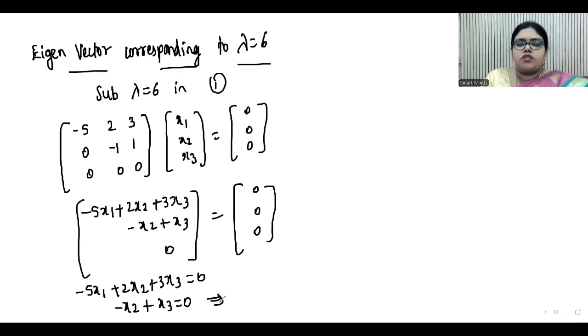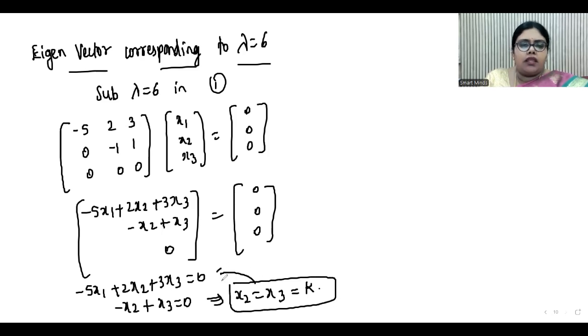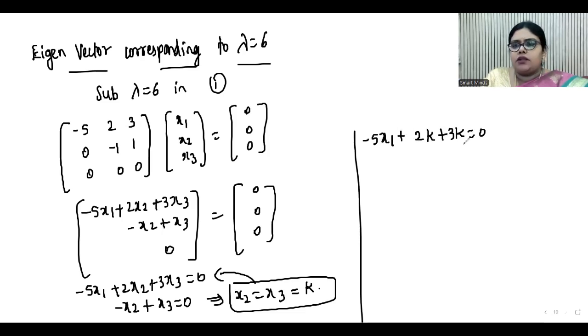From the last equation, you will get x2 is equal to x3. Let us say x2 and x3 are equal to some k. Now we'll substitute this value k in the above equation. So minus 5x1 plus 2k plus 3k is 0.